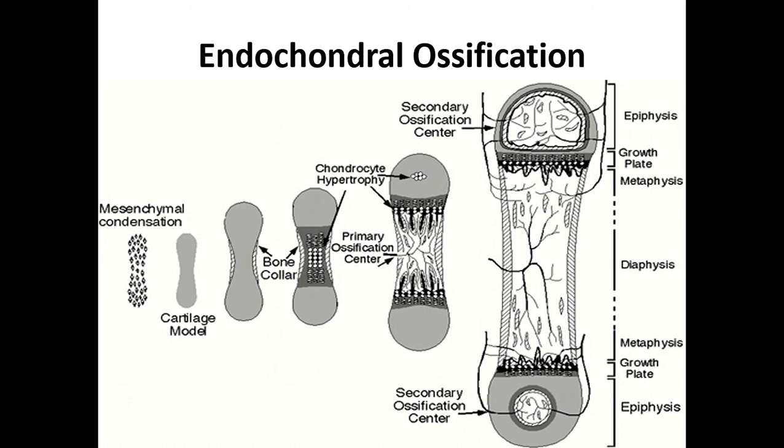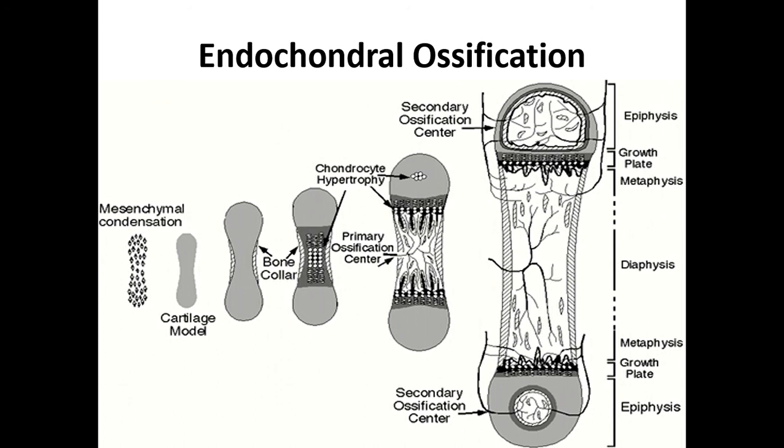So during the time that a long bone is being developed, we have the mesenchymal cells that are involved here. From the mesenchyme tissue, they will be formed into a hyaline cartilage. That's why for endochondral ossification, the model is a hyaline cartilage model. And later on, at the diaphysis of the long bone, we have a bone collar formation.